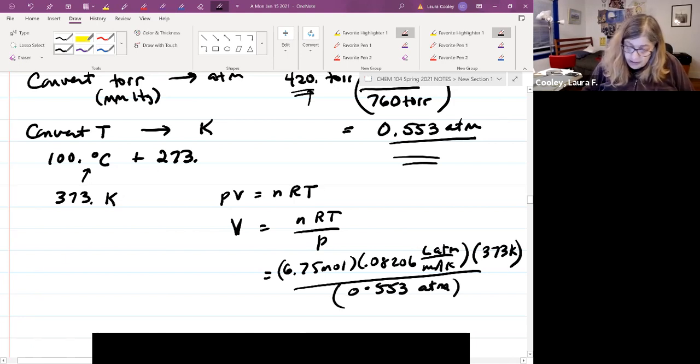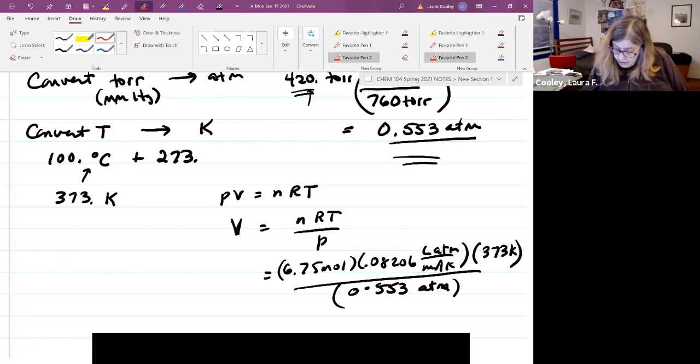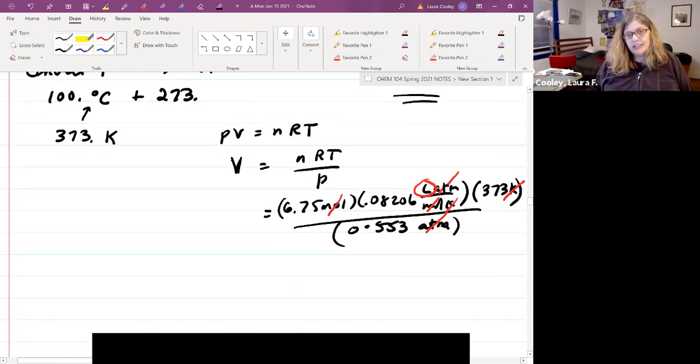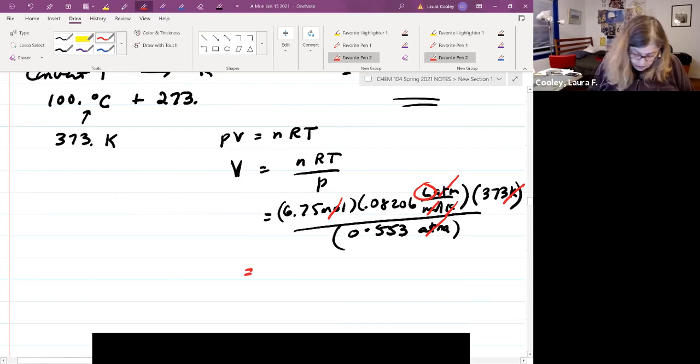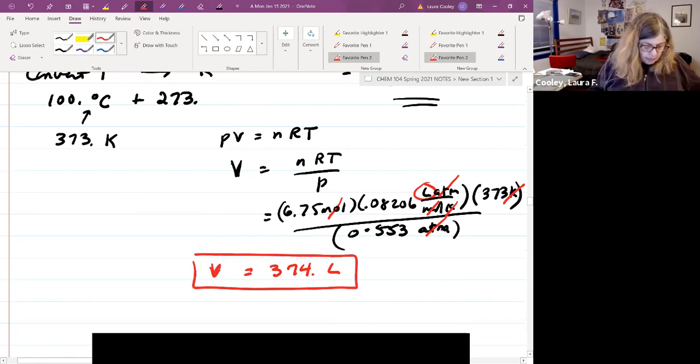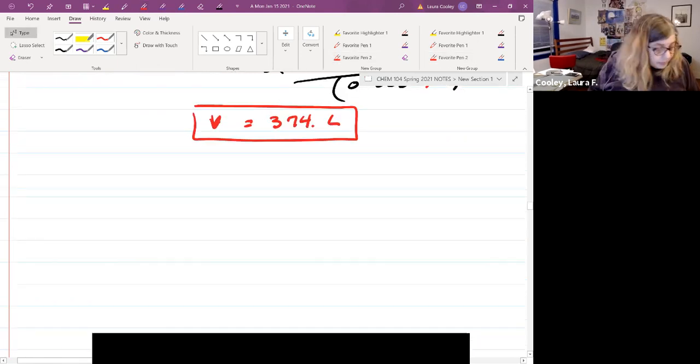And you can see how nicely the units will cancel. Atmospheres goes, moles goes, Kelvins goes, and you're left with liters. Okay, and that's good because it's a volume unit. So 374 liters is the answer to that simple ideal gas law problem.